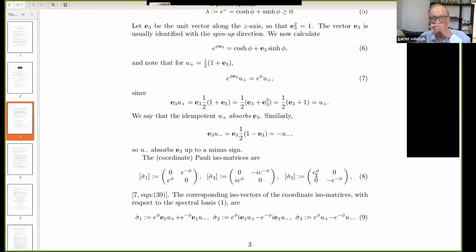Of course, the difference is that with E3 as a standard matrix, we have 1 and minus 1. But with the iso matrix correspondence, you have cosh phi plus sinh phi, and this would be minus cosh phi plus sinh phi.